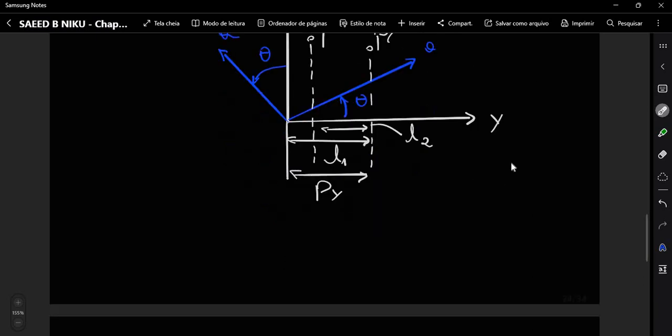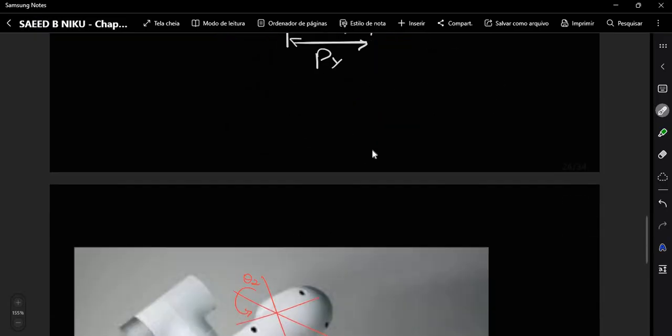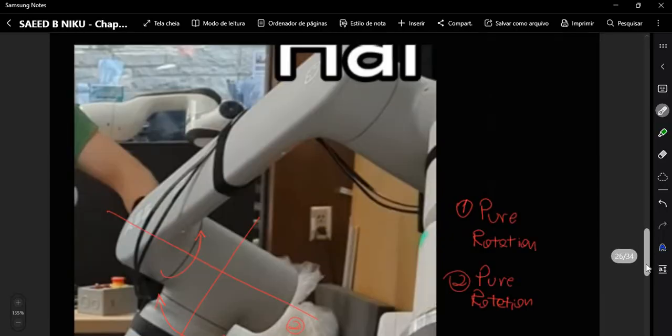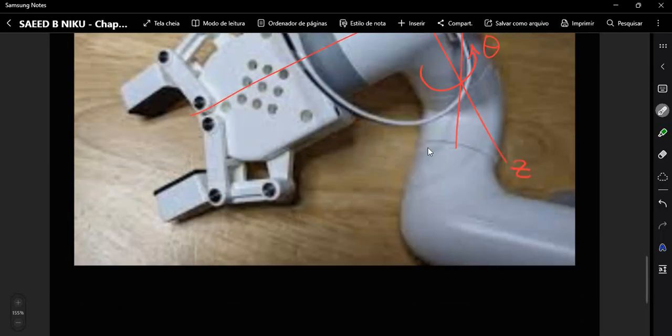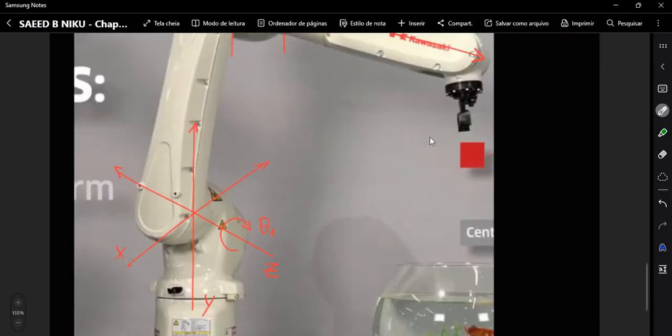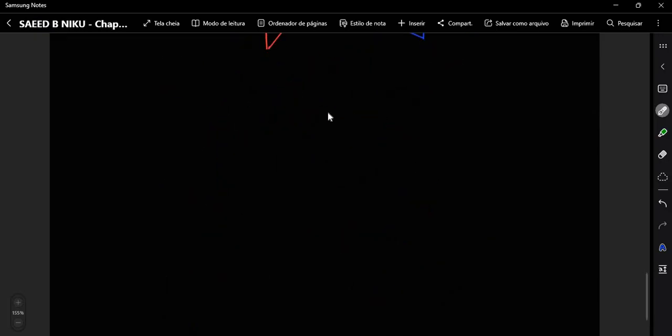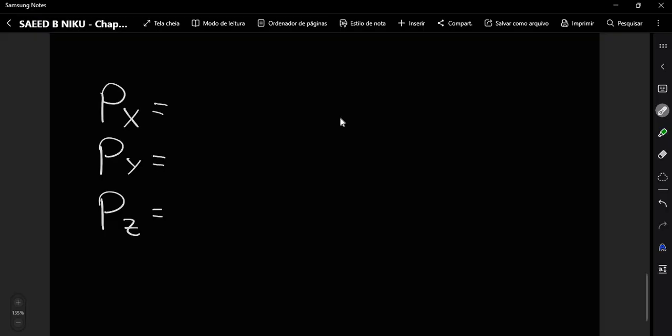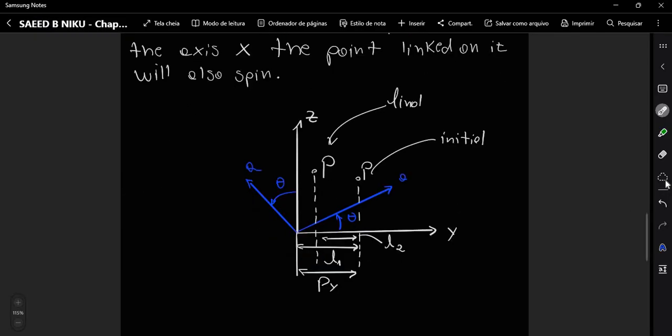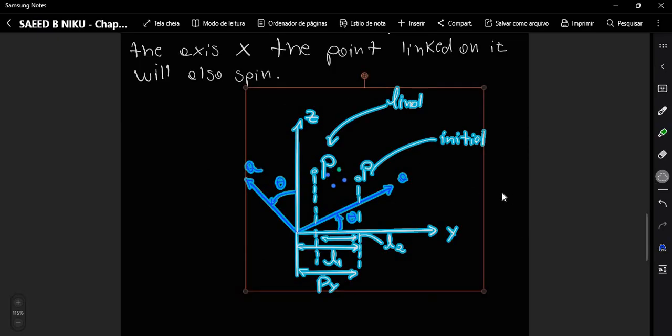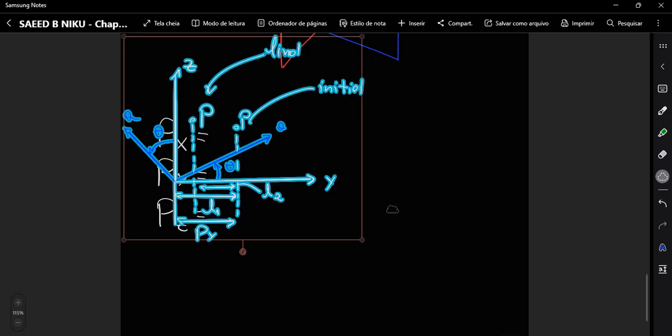Okay, so how can we determine the components PX, PY, and PZ? Let me copy this and paste right here.